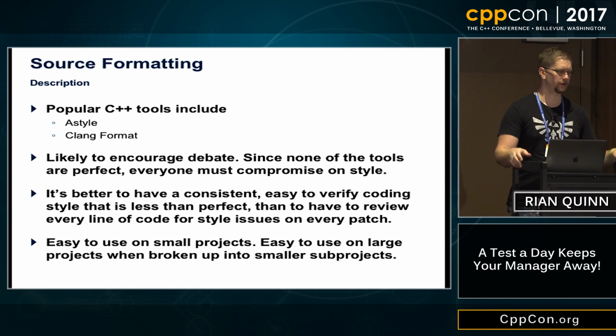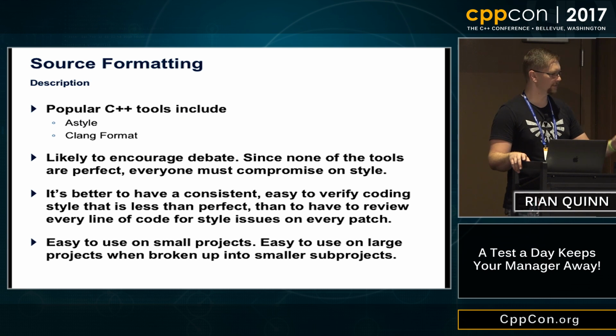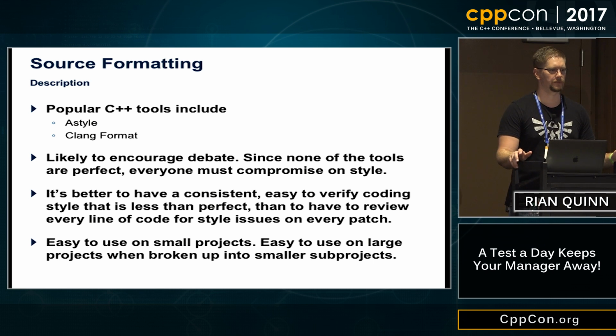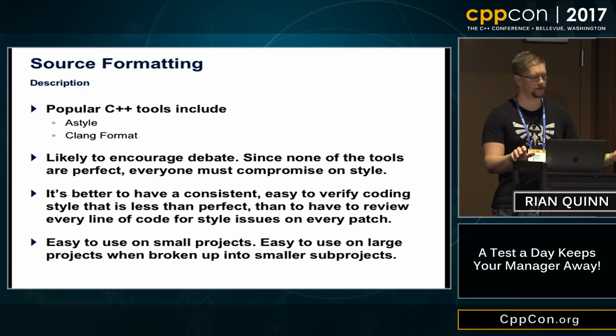So using a source code formatting checker, you can alleviate these types of problems. Now, the number one issue with these tools, and where you're going to end up with a lot of debate, is that they're not perfect. AStyle I love. Clang format is also another option. The problem is that for as good as something like AStyle is, it's not perfect. And you're going to have to compromise on something. Everybody will.